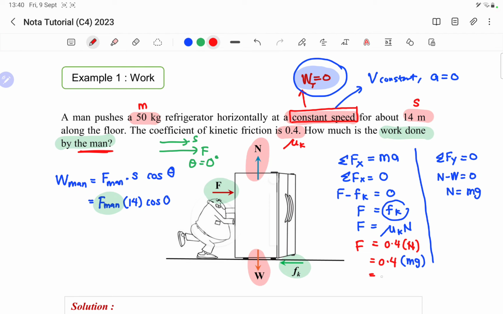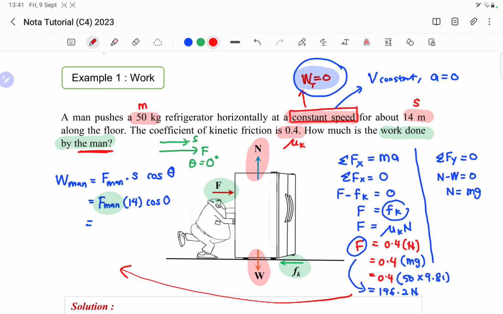So 0.4, refrigerator 50, times 9.81. Here we get 196.2 Newton. That is the magnitude of the external force. Just substitute into the formula: 196.2 times 14, so we get 2746.8 joule.